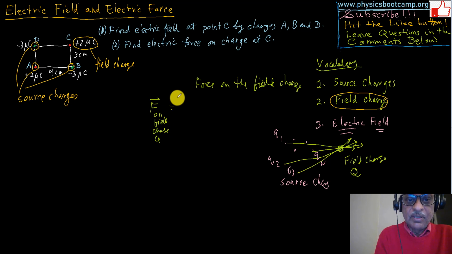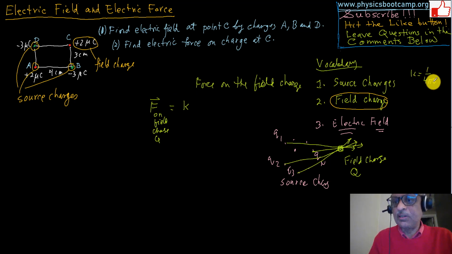Q is just going to be k, which, you remember, k equals 1 over 4 pi epsilon naught, then you have the field charge times the unit vector over R squared.